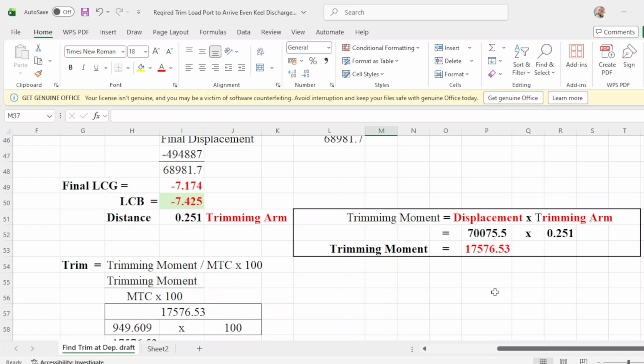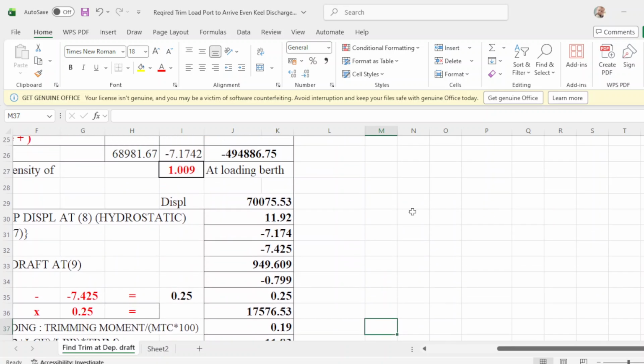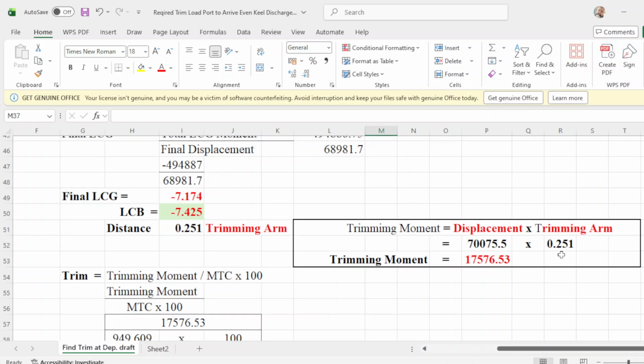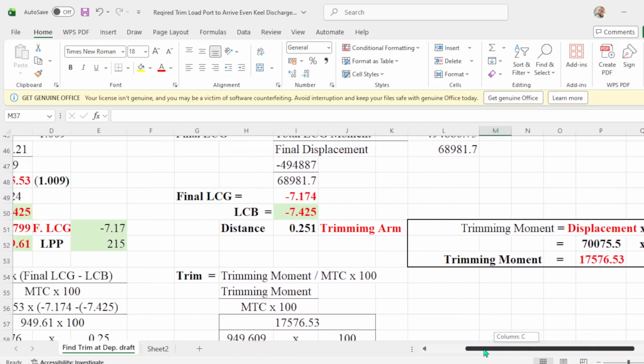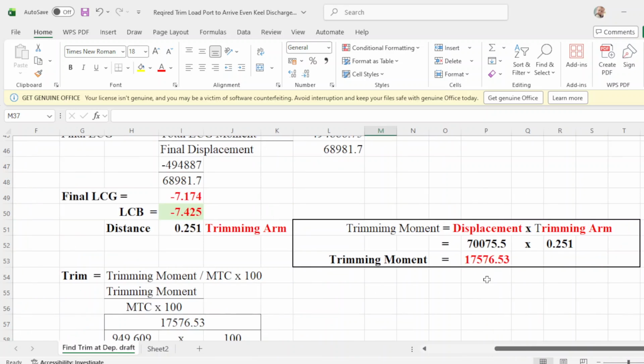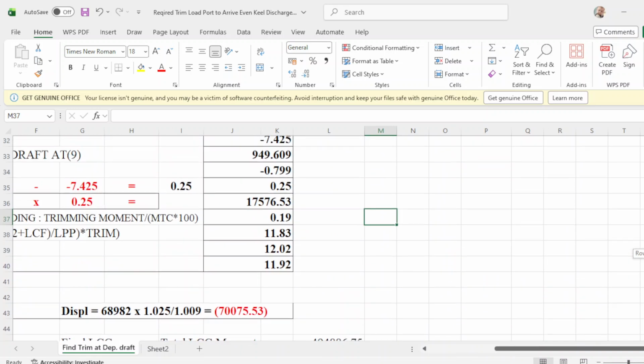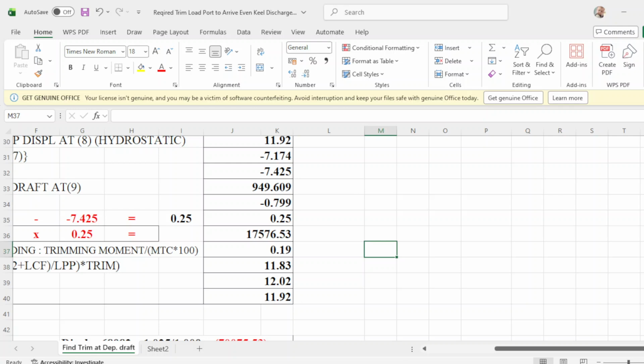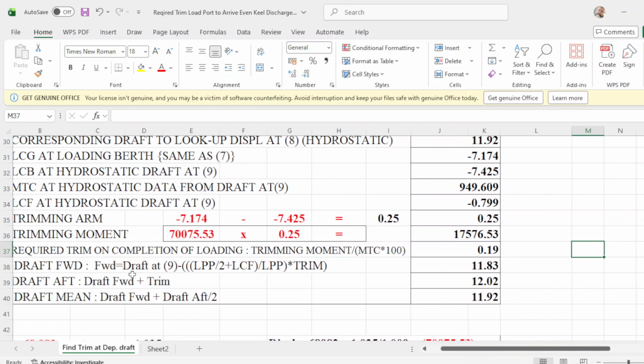Your displacement is 7075.3, which is this one, times your trimming arm of 0.251. Your trimming moment is 175.7653. So that is your trimming moment, 175.76, okay?